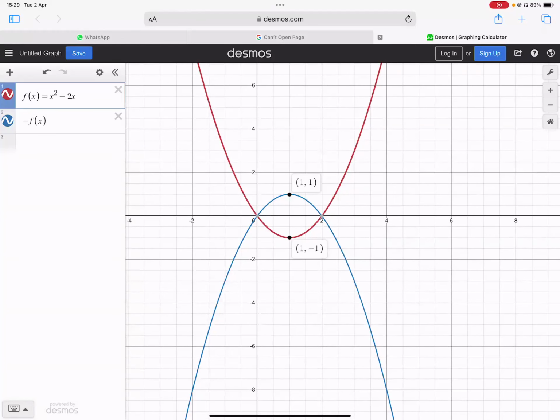This is called vertical reflection because the movement of the graph is vertical. The point where y was equal to minus 1, now it's y equal to 1, right? So it's a reflection like this. Does that make sense? This is vertical reflection, reflection in the x-axis.